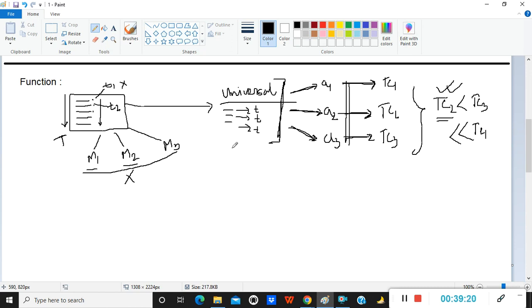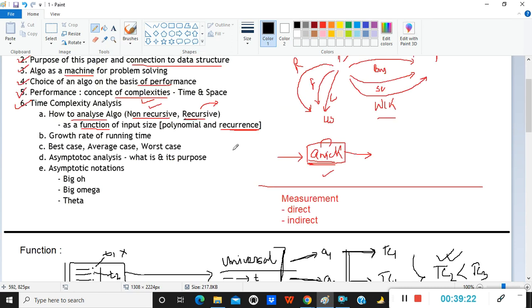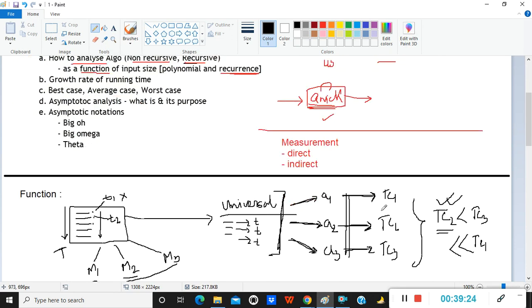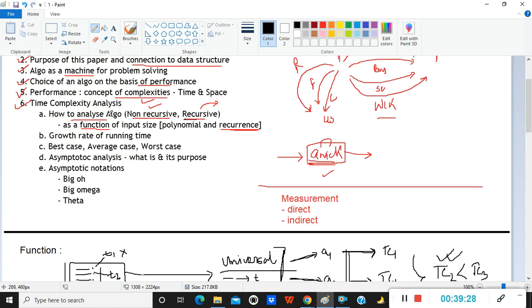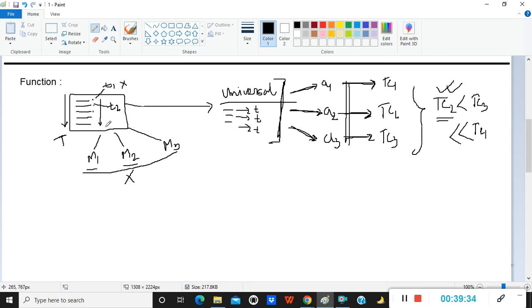Now you have to understand how we can derive TC1, TC2, and TC3. That we will derive by using a function.